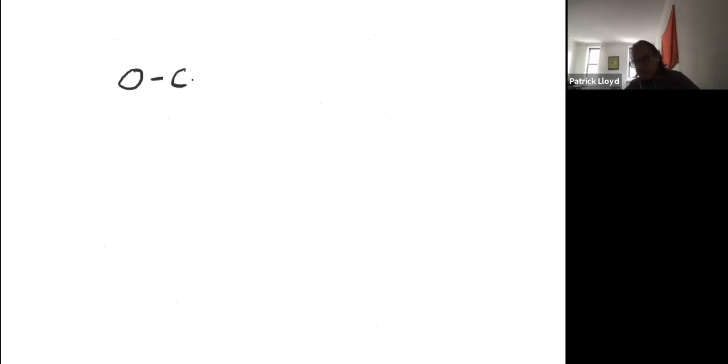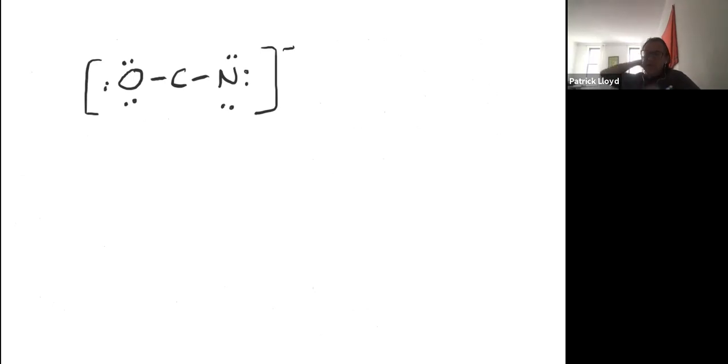I'm going to come back to where we were kind of in the middle there. So you remember I put 3 lone pairs on each of these 2 atoms? Okay. So here's how it works out.